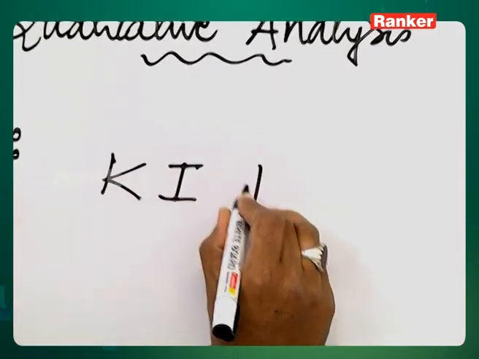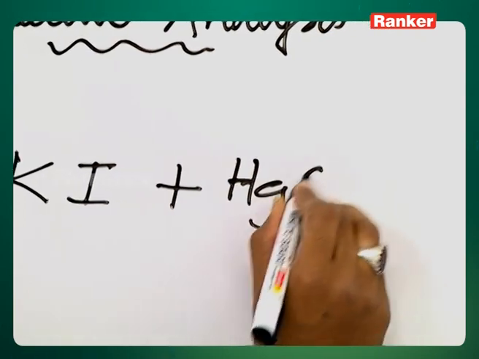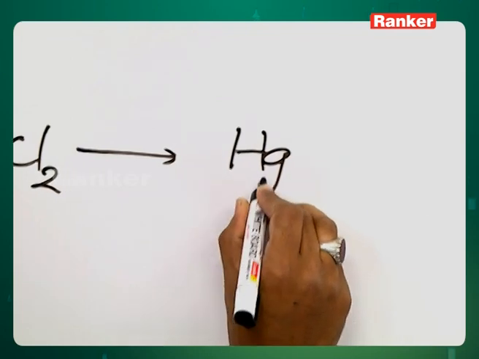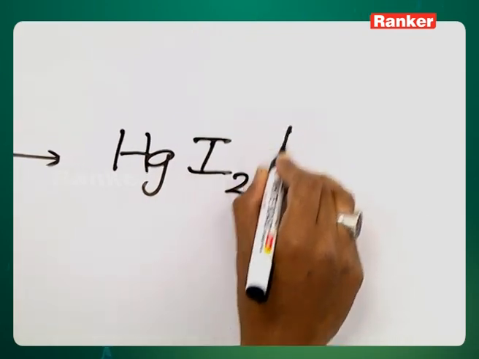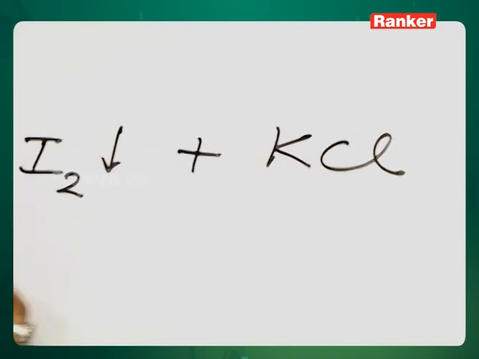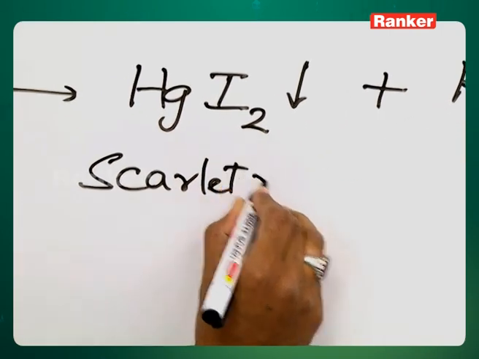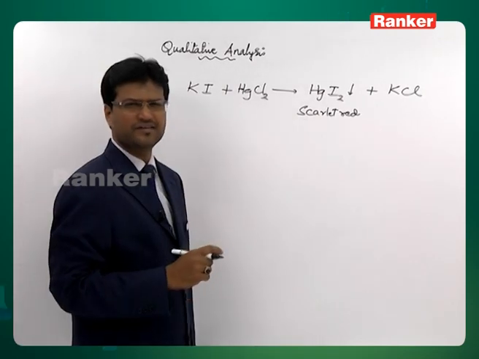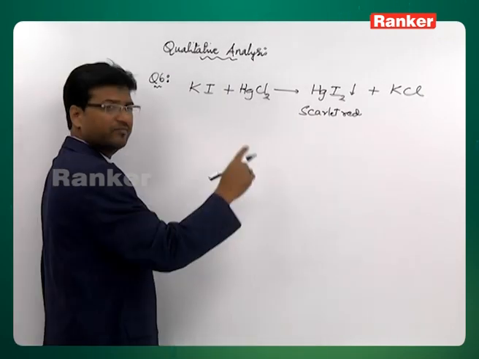KI plus HgCl2, this will give HgI2. This is scarlet red. The scarlet red color is due to polarization, distortion of iodide by mercuric.